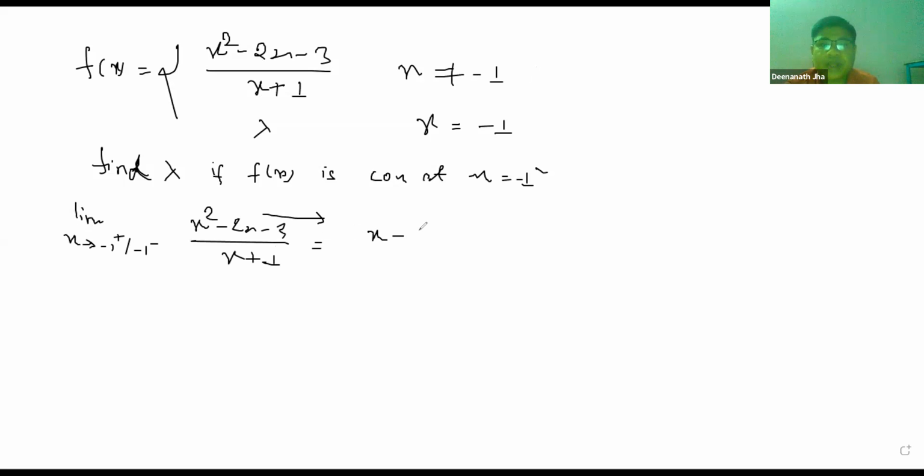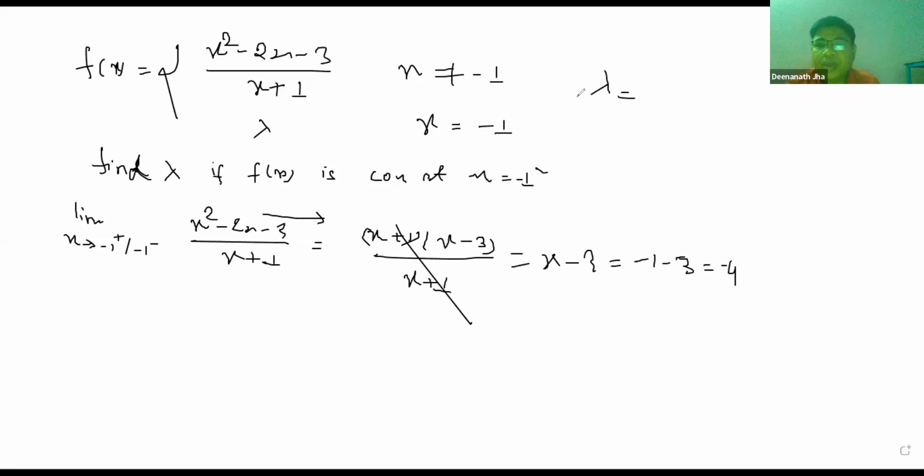Very good. Then it will be equal to x minus 3, and you will put minus 1, so minus 3 gives minus 4. Lambda will be minus 4. Okay.